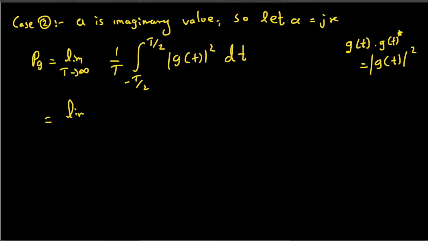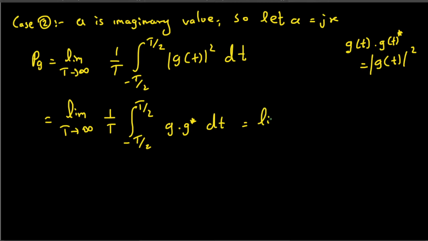So limit t approaches infinity 1 over t, integration from negative t by 2 to t by 2 of g and g conjugate dt.